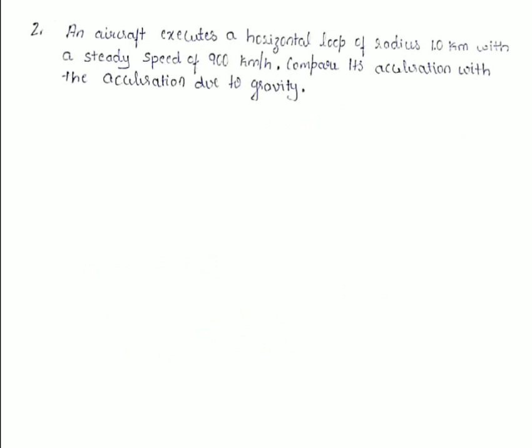An aircraft executes a horizontal loop of radius 1.0 km with a steady speed of 900 km/h. You have to compare its acceleration with the acceleration due to gravity.